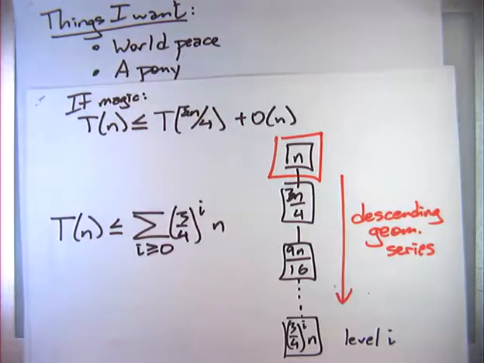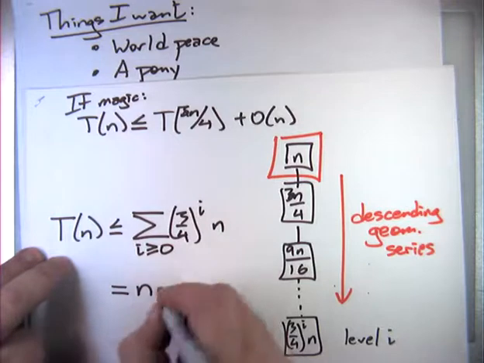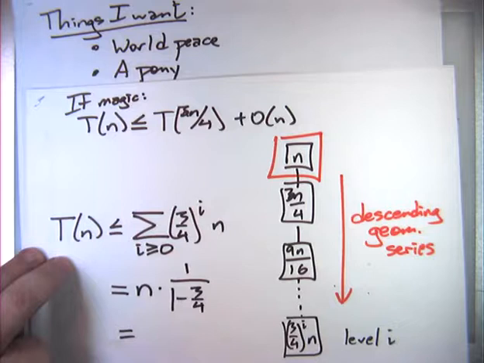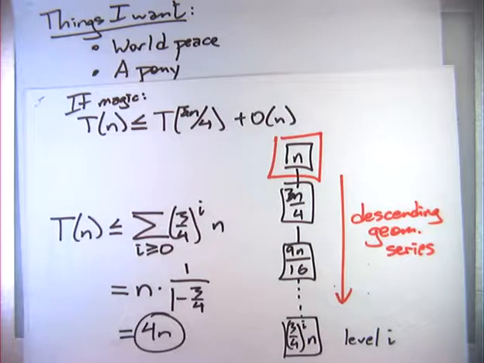Then each level i is contributing (3/4)^i times n, and this turns out to be n times 1/(1 minus 3/4), which is 4n. Okay? In actual fact, it doesn't recurse forever.